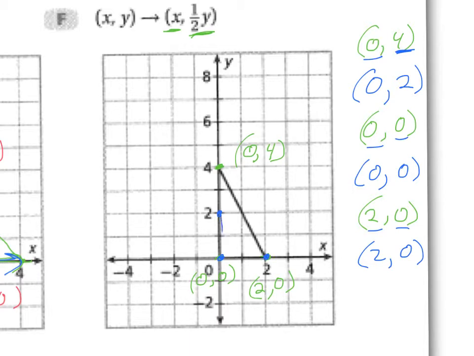So my new triangle, the transformation looks like this. Is there rigid motion? There is not rigid motion because I have changed the shape of my triangle. I basically stretched this point down. Down to here.